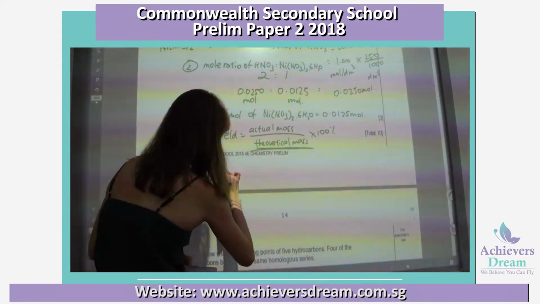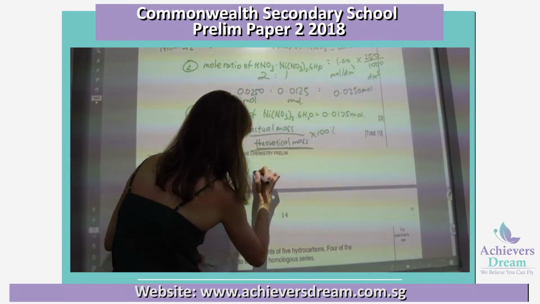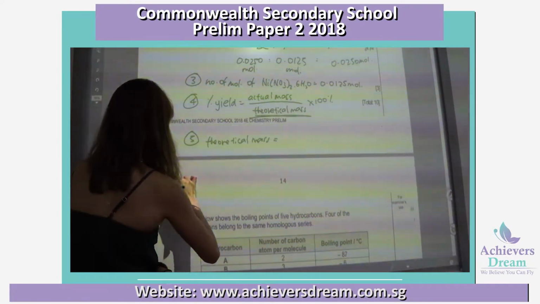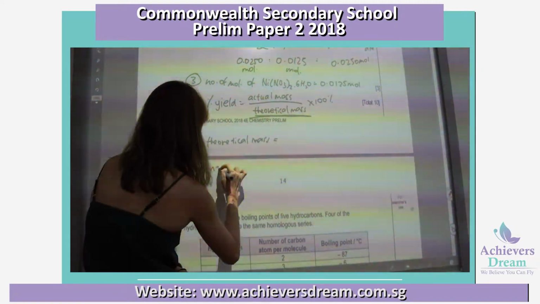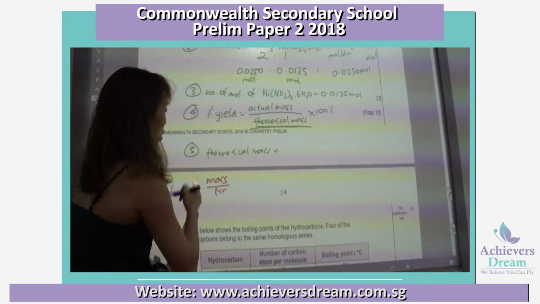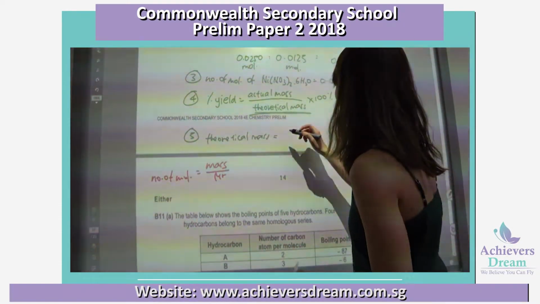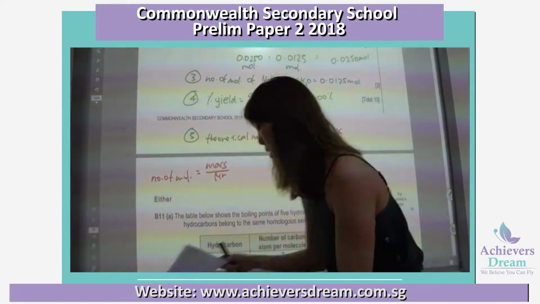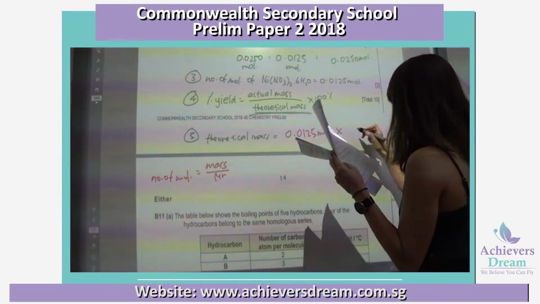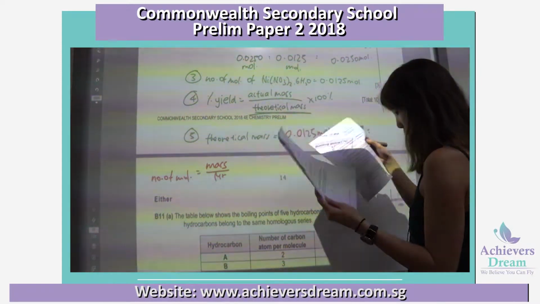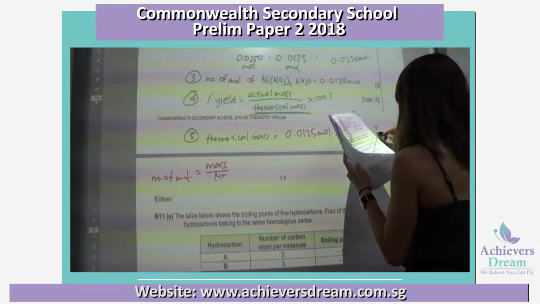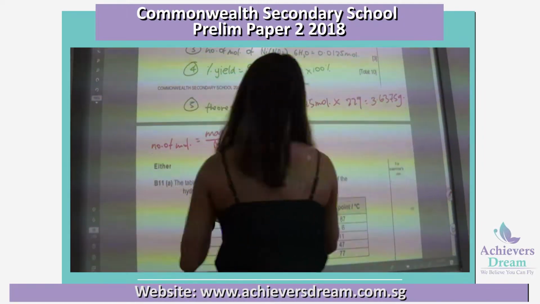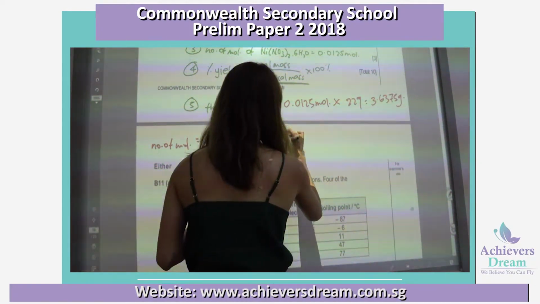To calculate theoretical mass, I'm going to use this equation, which is number of moles equals mass over Mr. So the theoretical mass would be the number of moles, which is 0.0125, times the Mr, which is 229. So it should give me 3.6375 gram. Correct?